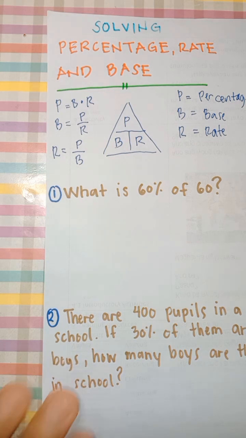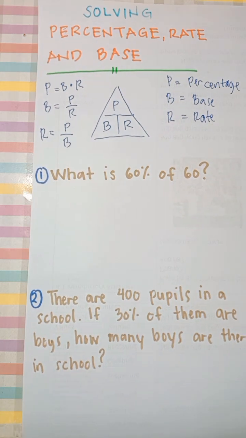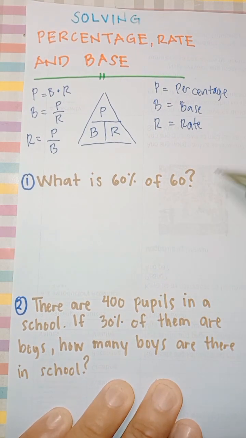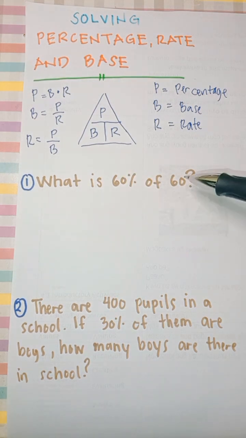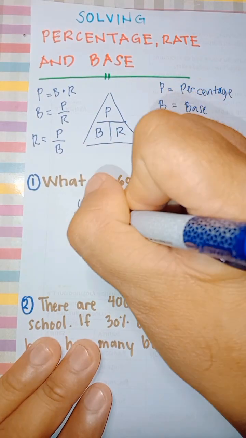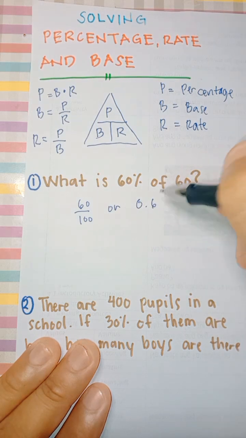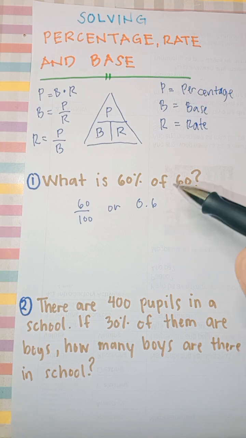Alright? So, let's answer question number 1. What is 60% of 60? Whenever you see this type of question, let's multiply 60% by 60. Now, 60% is just 60 over 100, or 0.6 if this percent is converted into decimal.